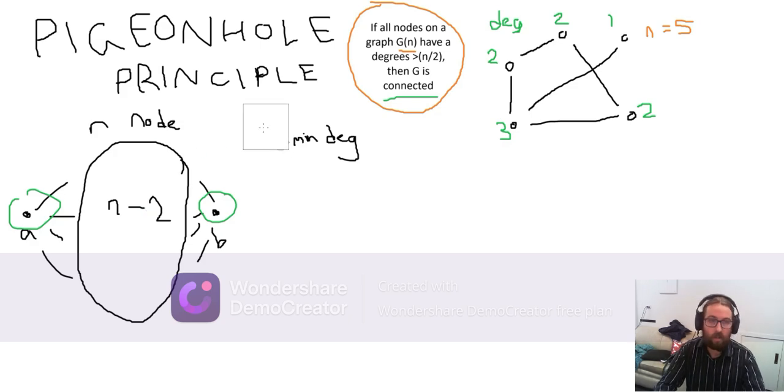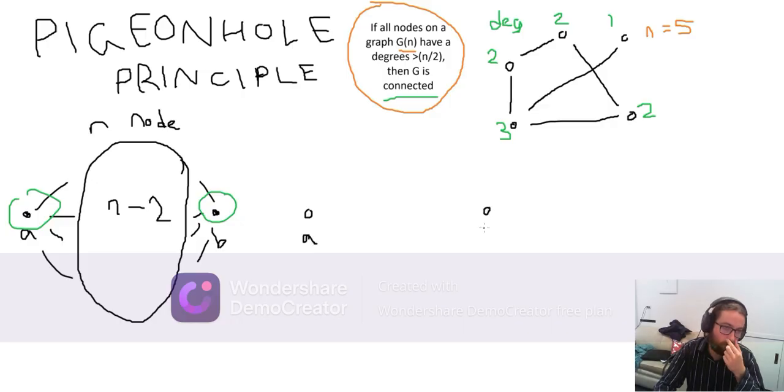I'm actually going to draw that again in a slightly different way to make what I'm going to say next more obvious. This is node A. This is node B. And in the middle, we have dot, dot, dot, n minus 2 nodes.